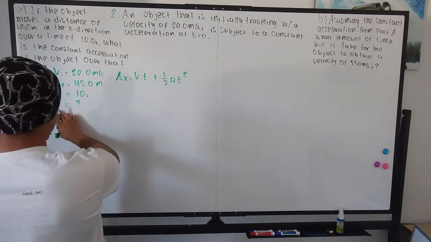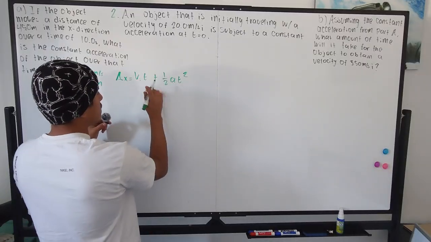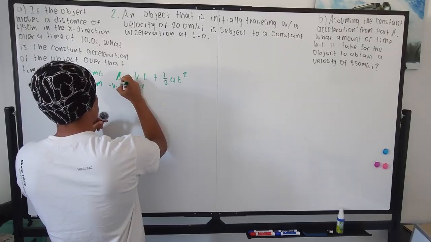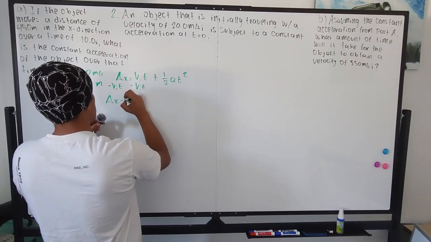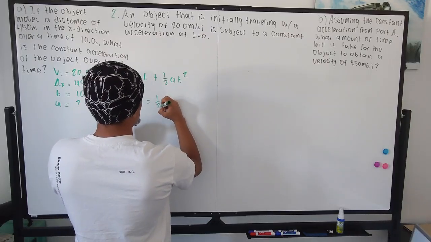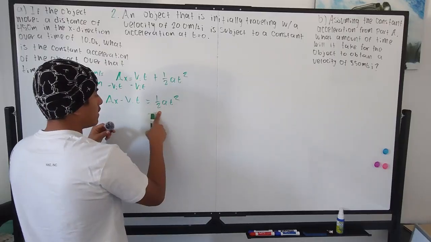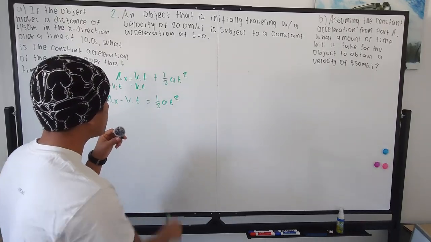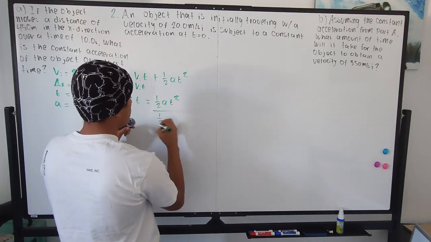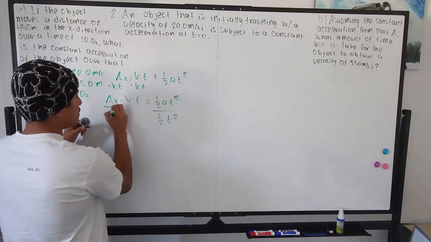Since we're solving for acceleration, we're going to isolate acceleration. Let's get rid of these constants first, so we're going to subtract v_i t from both sides. Now we have delta x minus velocity initial multiplied by t equals 1/2 a t squared. Now I'm going to get rid of this 1/2 and this t squared together, so I'm going to divide by 1/2 and by t squared, and do it to this side as well.